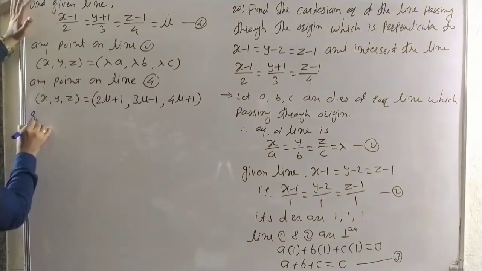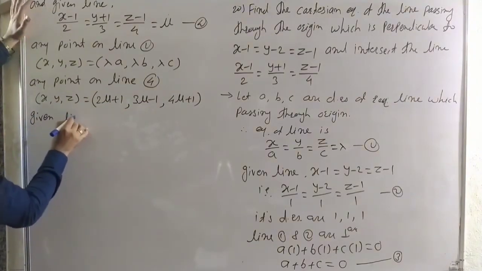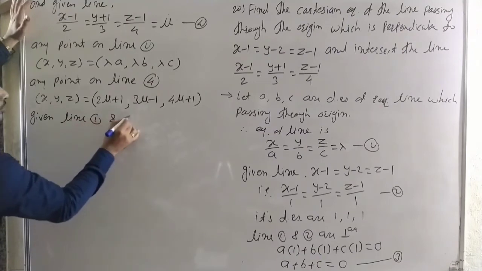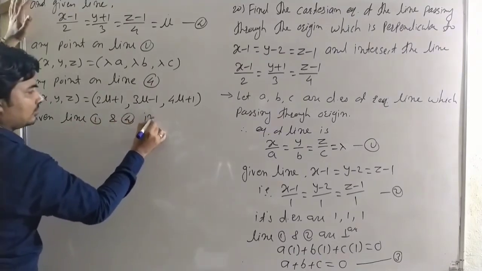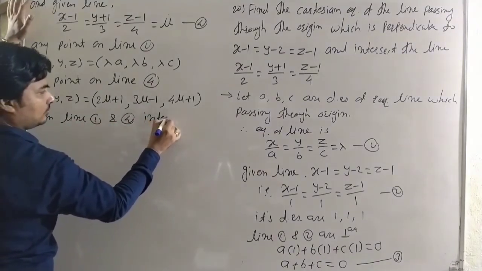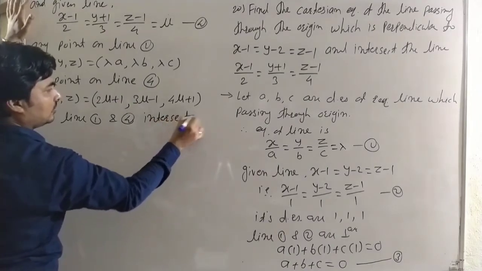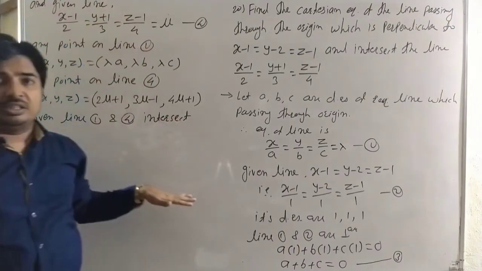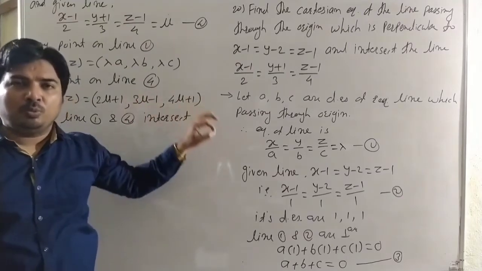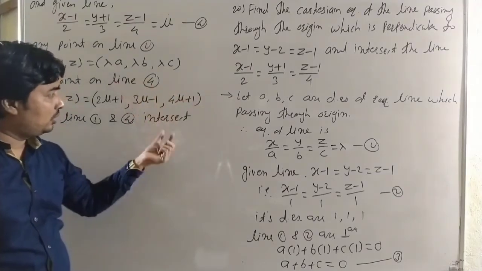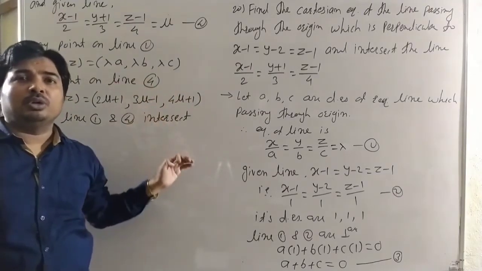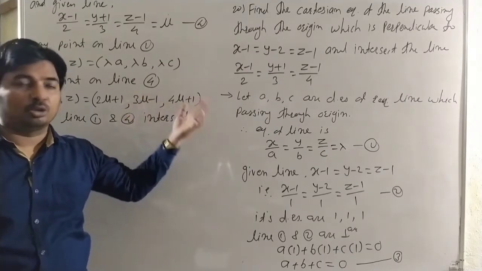Given that lines 1 and 4 intersect, there is one common point, that means one point whose coordinates are the same on both lines.